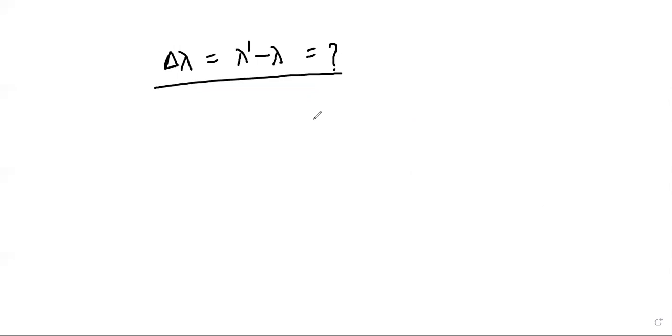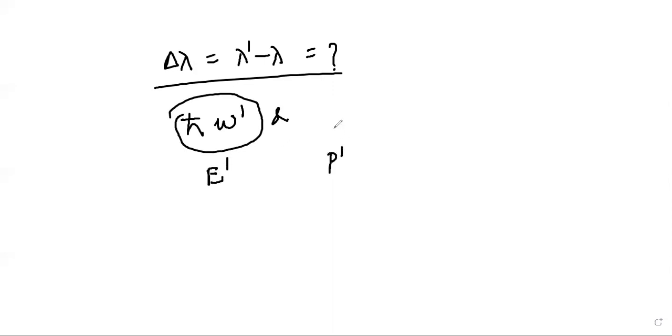Suppose the energy of the scattered photon is ħω prime, this is E prime as we said, and the momentum, similarly P prime, can be written as ħk prime. This is the momentum and this is the energy of the scattered photon.